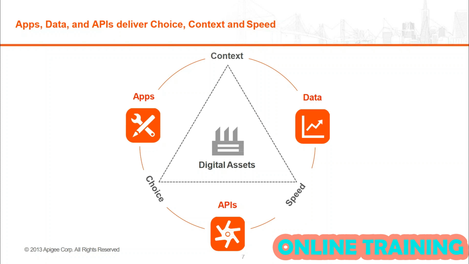Again, with the app, once the data goes to the API, the API gives it to the app. So this is how it goes: data through the API goes to the application. Now this application is accessed by the end user.